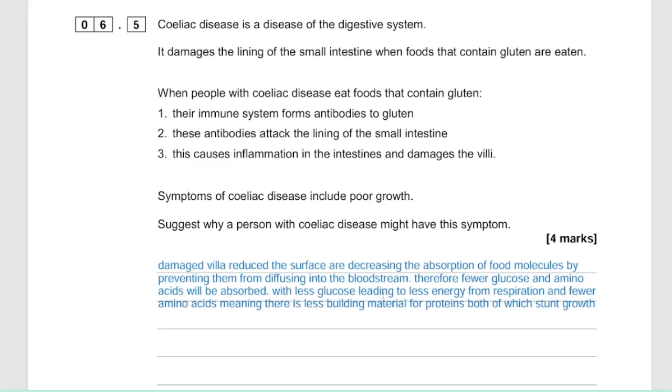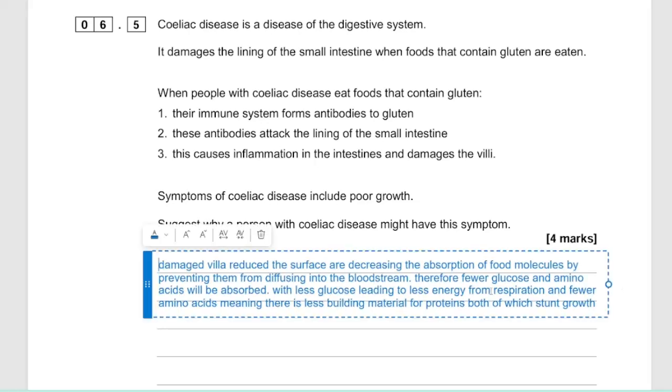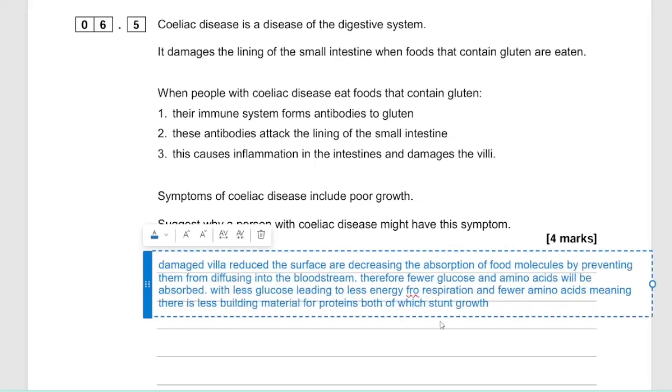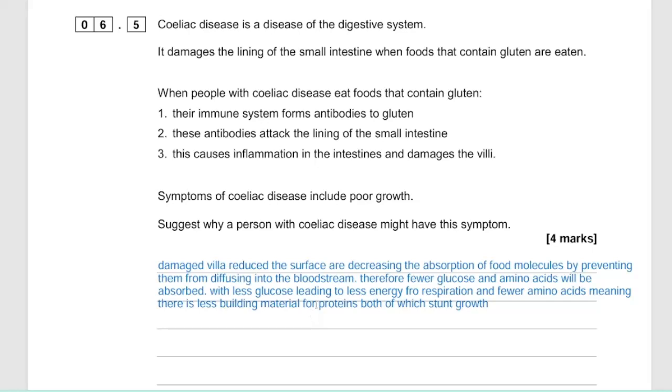Therefore, fewer glucose and amino acids will be absorbed, with less glucose leading to less energy for respiration, and fewer amino acids meaning there is less building material for proteins, both of which stunt growth. So it's a very nice cause and effect question where you're given symptoms and then you need to describe how those symptoms cause the poor growth.